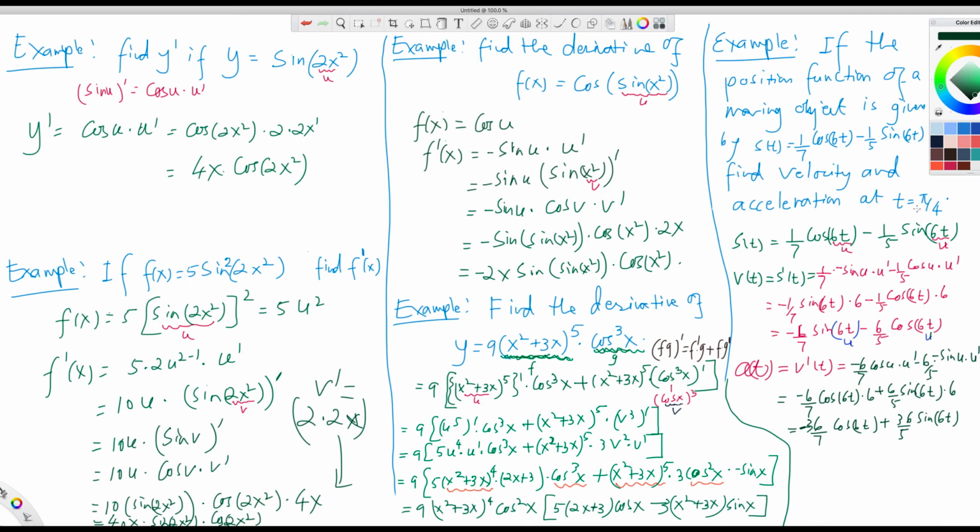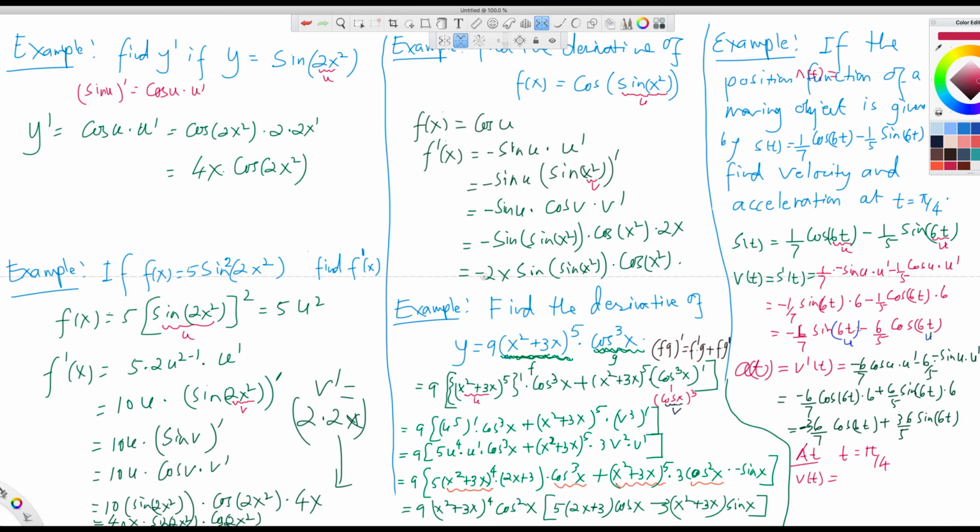But you want to find out at t equals pi over 4. Let's find v of t first. You need to plug in t equals pi over 4.